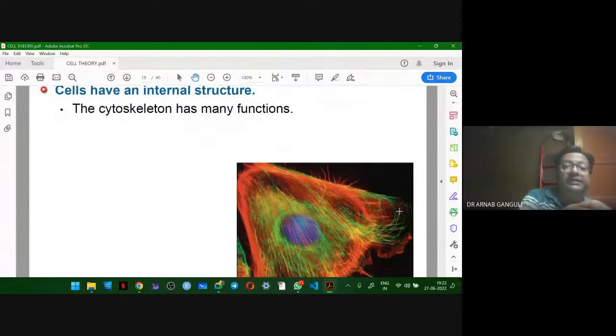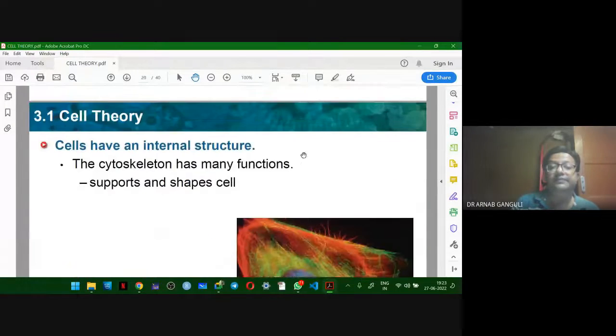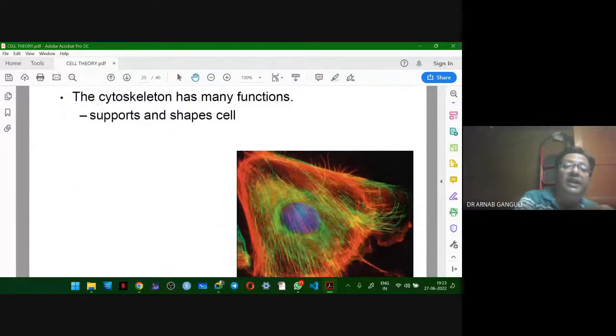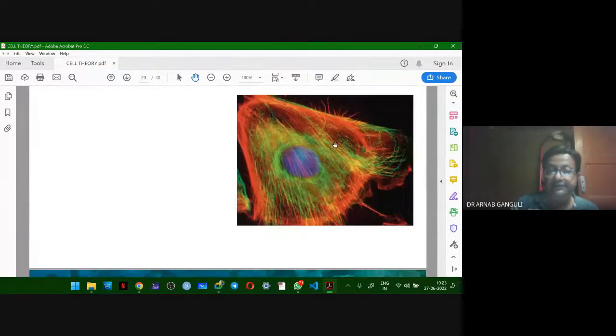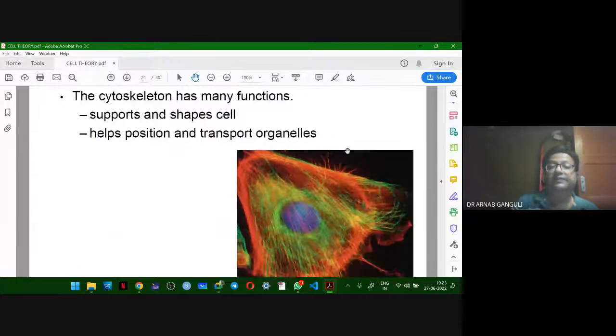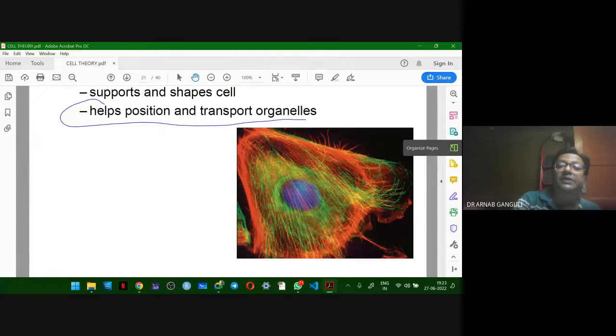So the cytoskeleton has many functions. Like I said, it supports and shapes the cell. It helps position and transport organelles.